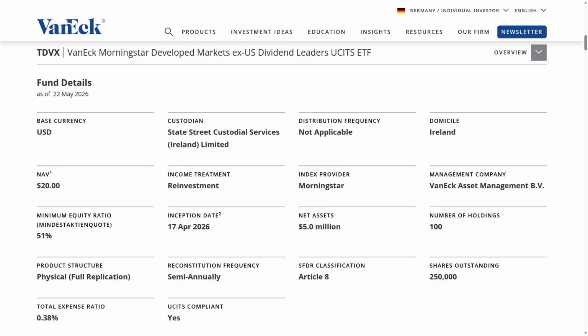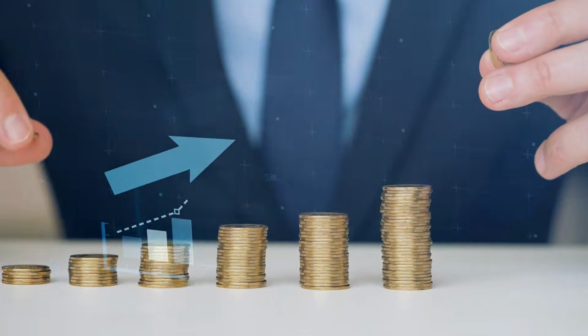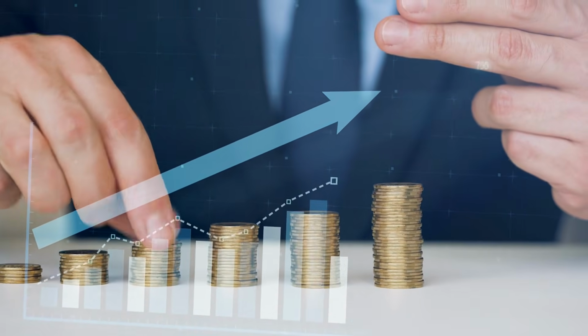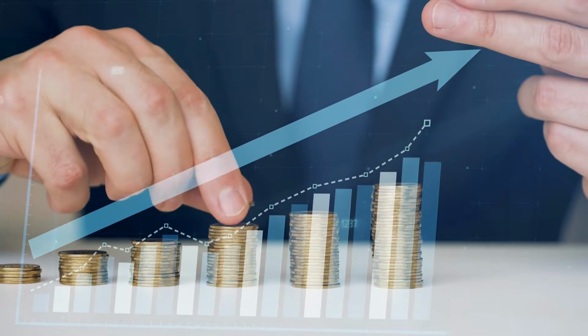I don't really understand how VanEck came up with the idea to release a dividend ETF with so much potential strictly as an accumulating fund. Many of you will probably complain in the comments, and rightfully so, asking why a dividend fund isn't actually paying any dividends. That said, there are definitely some investors out there who prefer investing in accumulating dividend ETFs.